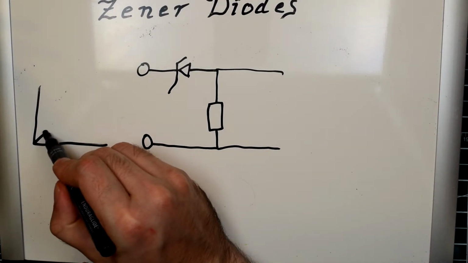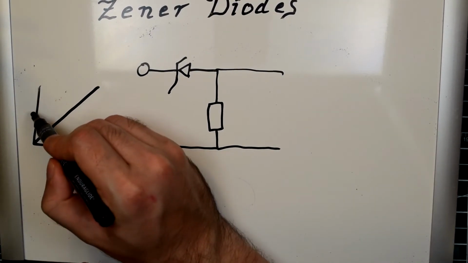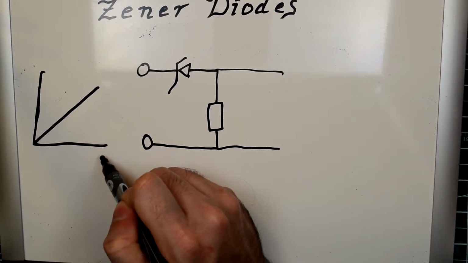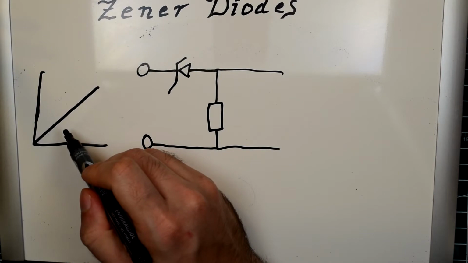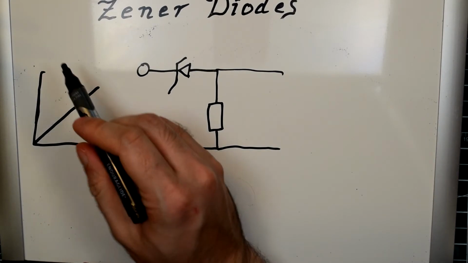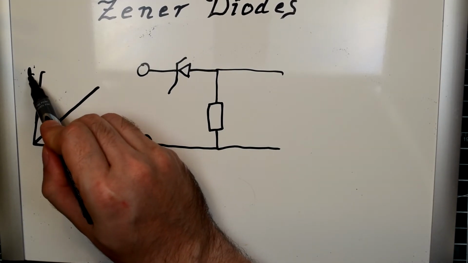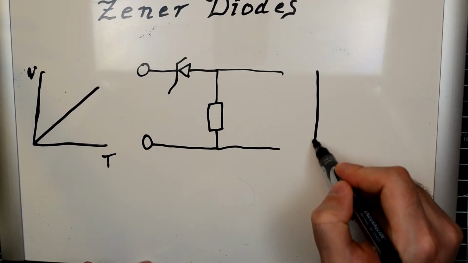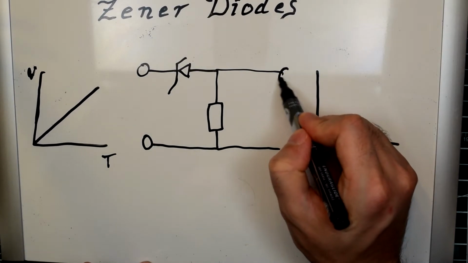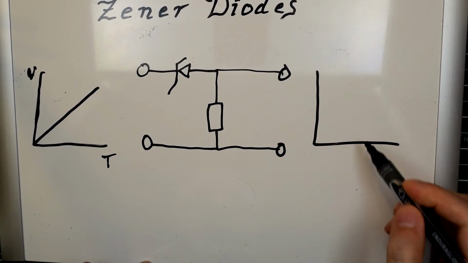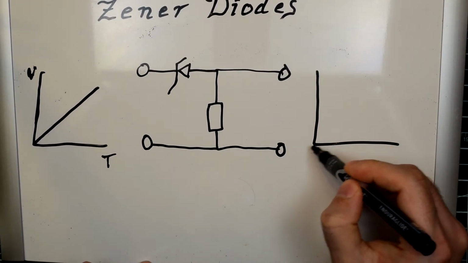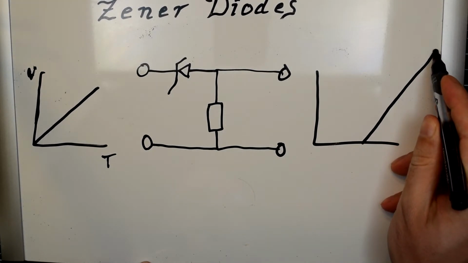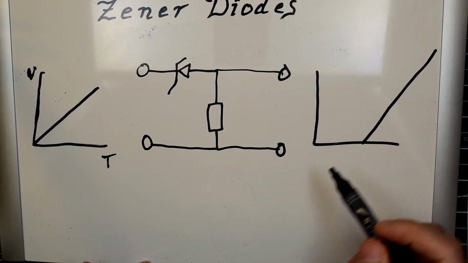voltage and it's increasing linearly or non-linearly, it doesn't really matter. So I've got voltage on this graph and time on this graph. What you're going to get on the output is a slightly displaced voltage increase.